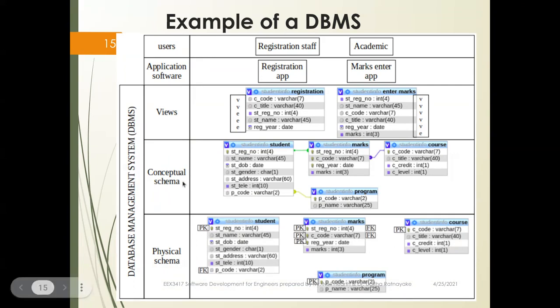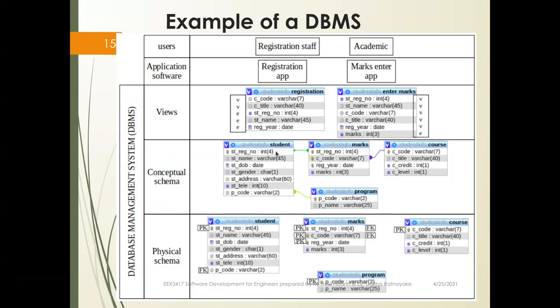In conceptual schema, there are relations to these tables. This student table's primary key is student registration number. Actually, primary key is unique.